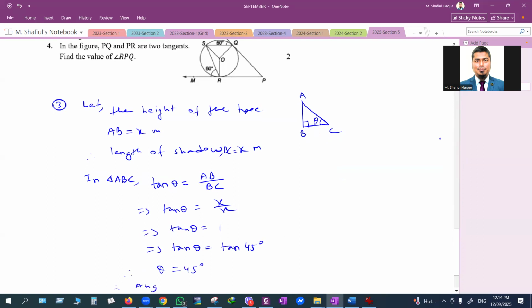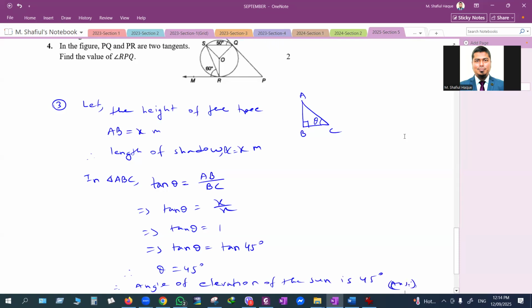That is, the angle of elevation of the sun is 45 degree. This is the answer.